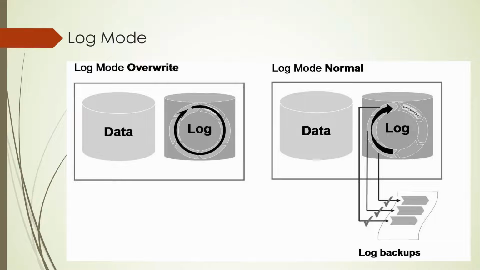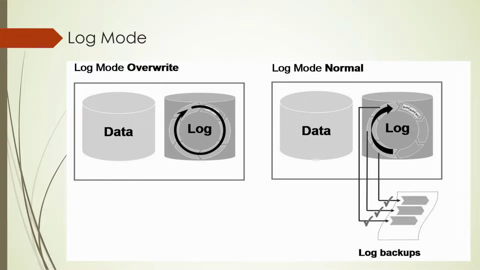SAP recommends that for production, you keep log mode equal to normal. That is the recommendation. Log mode equal to override you can have for sandbox and development systems. Yeah, you can have normal for your sandbox, development and other systems as well.